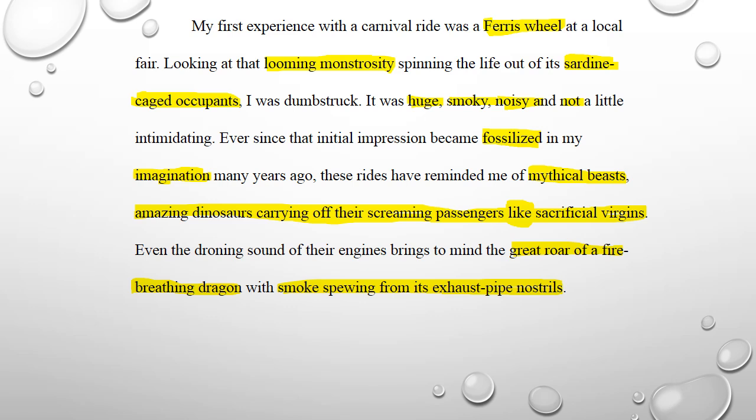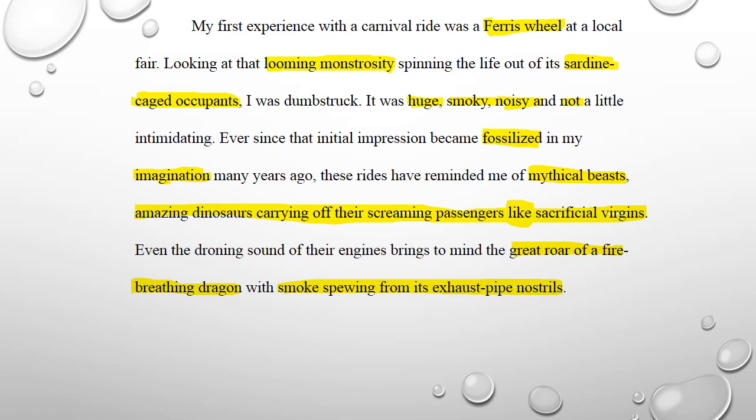Ever since that initial impression became fossilized in my imagination years ago, these rides have reminded me of mythical beasts, amazing dinosaurs carrying off their screaming passengers like sacrificial virgins. Even the droning sound of their engines brings to mind the great roar of a fire-breathing dragon with smoke spewing from its exhaust pipe nostrils."